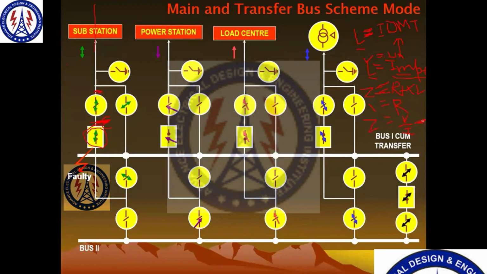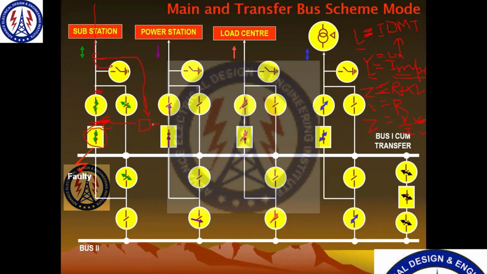So what input is required? V and I. Suppose the CT is connected here and the relay is connected here. To operate, it requires the VT, which is connected here, and the current. The current comes automatically.